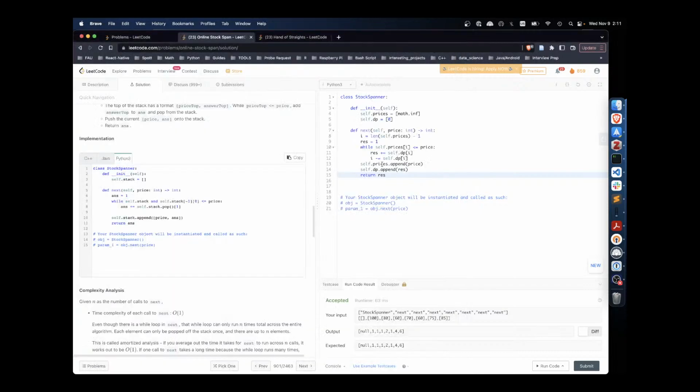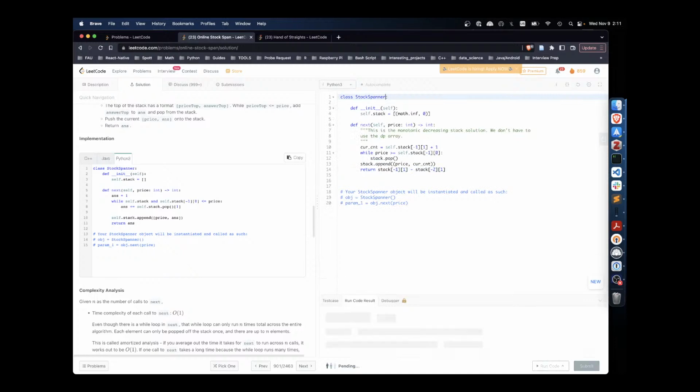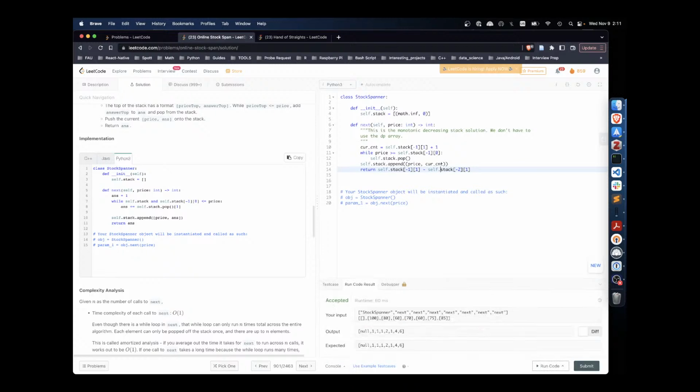Let's see how this one goes. Name stack, oh, of course. Shoot, self.stack. Yep. And I think we do the same thing. Have an answer as 1.